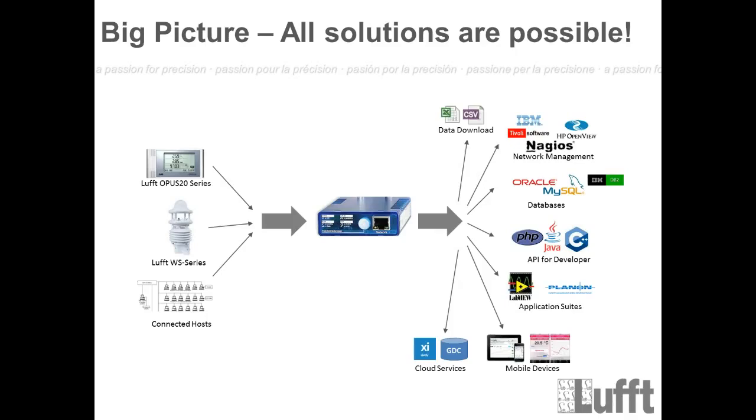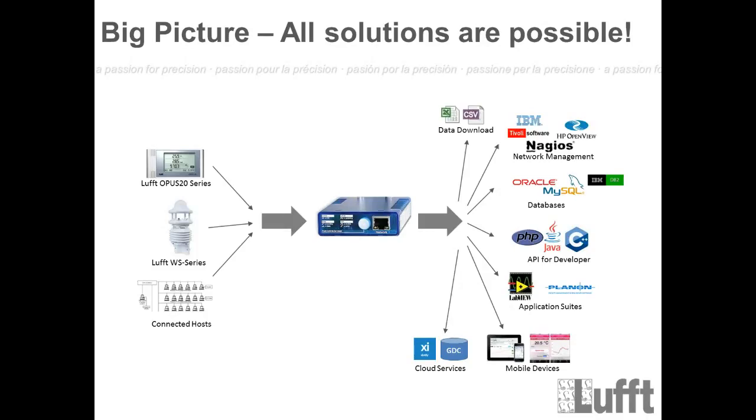If the customers need special apps for special devices, maybe also devices not from Lufft, which are of course digital, then we can implement them in the Lufft I-BOX. Why not? No problem. And customers can also contact Lufft directly if they have ideas for new apps. We can discuss that with the developers, that's not a problem. We can do normally everything with the Lufft I-BOX that you can imagine.